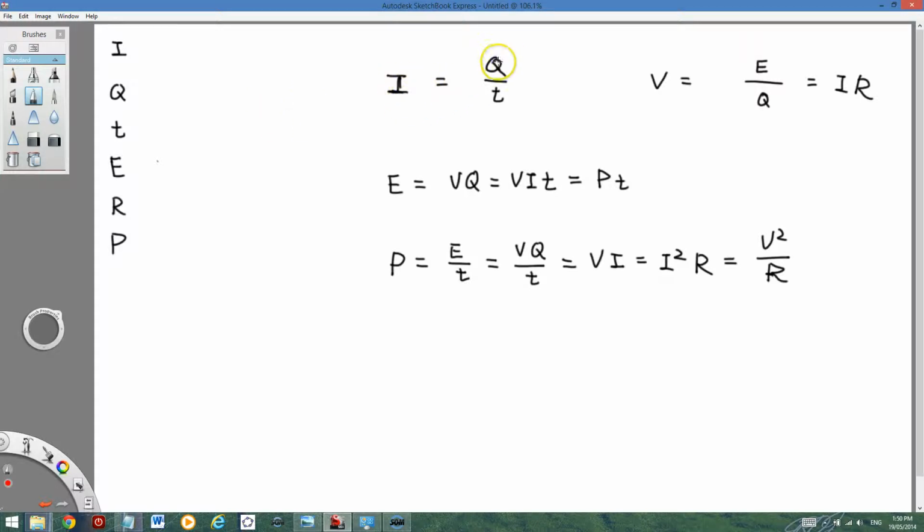I equals Q divided by T. I stands for current, and it's measured in amps.